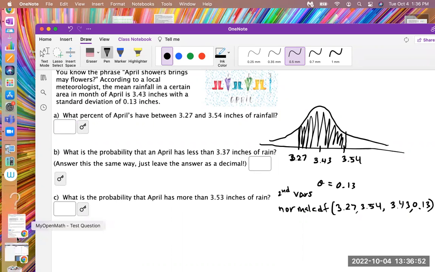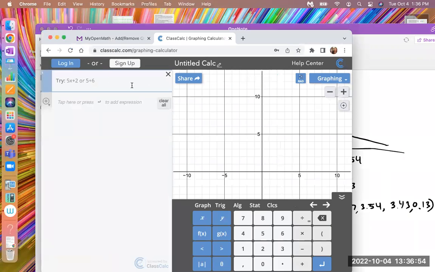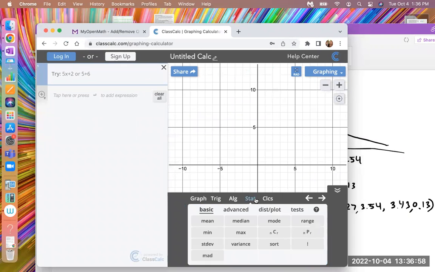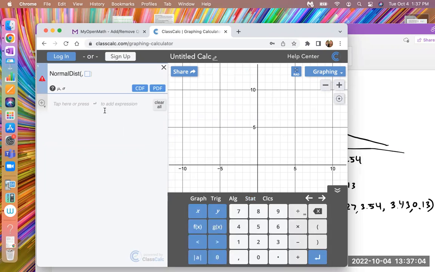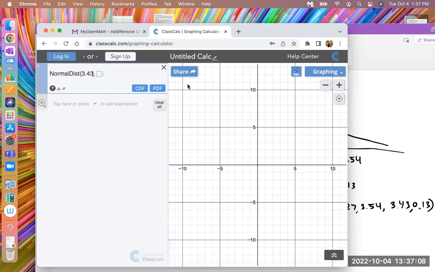Or you could use Class Calc, which I'm going to do right now. I'm going to do Stats and then Dist, standing for distribution, and then go to normal distribution. Then we input the mean and standard deviation, 3.43 and 0.13.